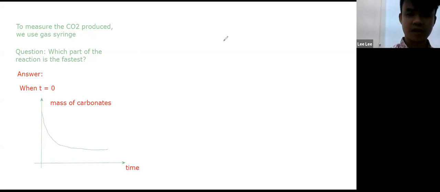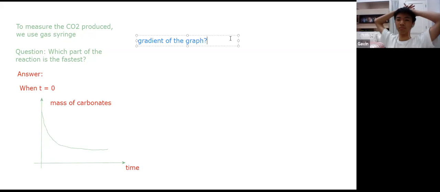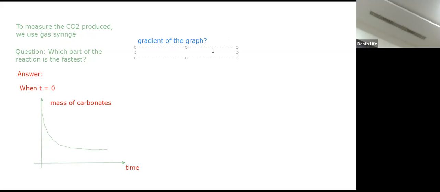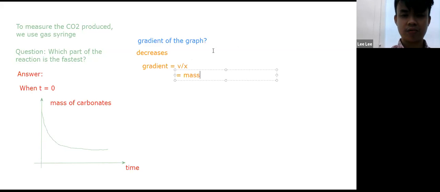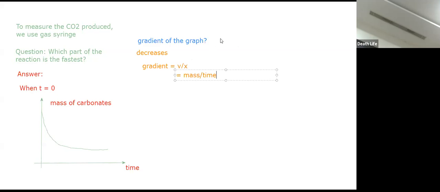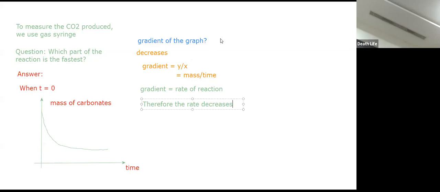What can you tell me about the gradient from the graph? Decreases or increases? Decreases. Okay, so gradient in maths is y over x. So gradient in this case is the mass over time, which means your gradient is representing what? The rate. Therefore, the rate decreases because the gradient decreases.